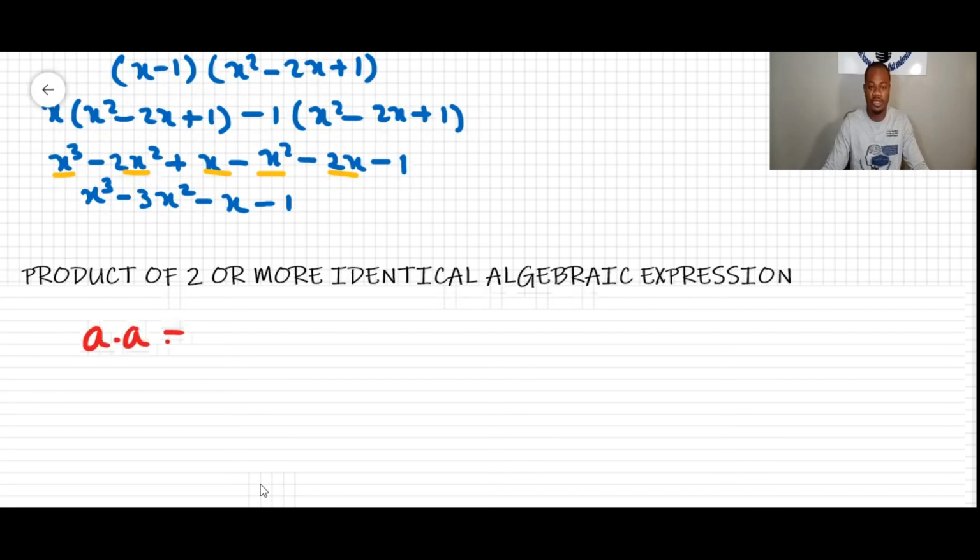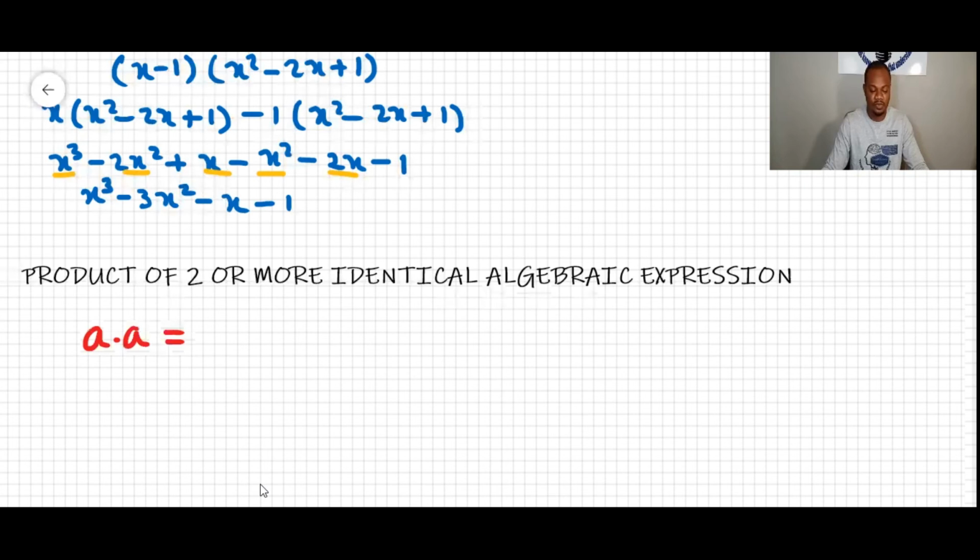Then the product of these two identical expressions will be a to the power of 2. Similarly, if it was a times a times a and so on, times a, this will be a to the power of n. That's an algebraic expression to the power of n, so the nth power of that algebraic expression.